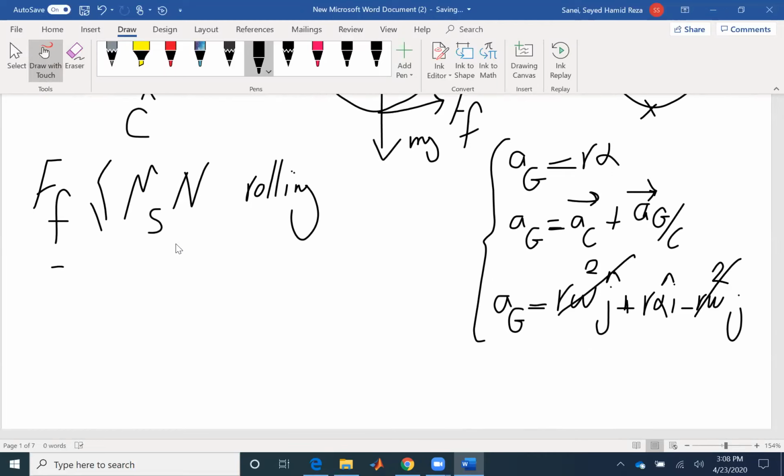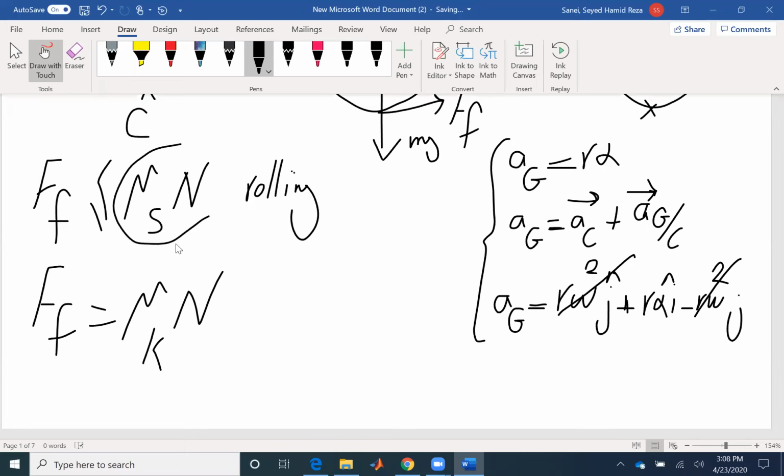And if it is sliding, then the friction force would be mu N. So we need to remember that mu N would be the maximum value of a friction in case of rolling.